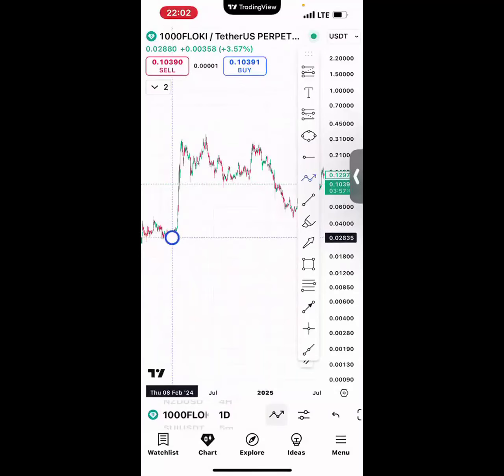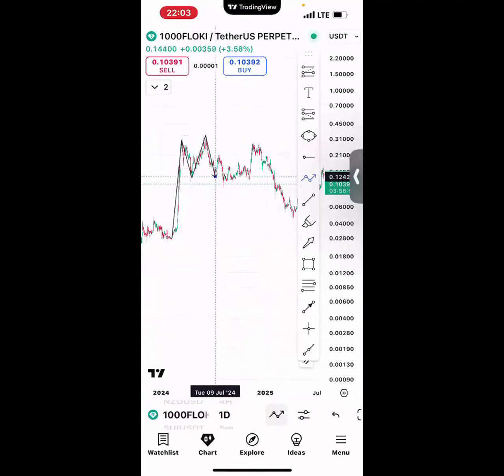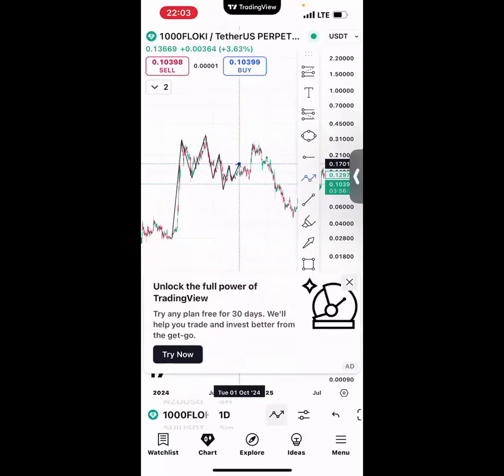I'll pick my pen tool and start the drawing from here. The market got high to this extent, then made a pullback, went upside, then pullback, then went up, didn't come to this high, but created a lower high, then pullback, created a lower high again, pullback, created a higher high this time, higher than this one, then pullback, then created a lower high, and pullback again, created an even lower high.